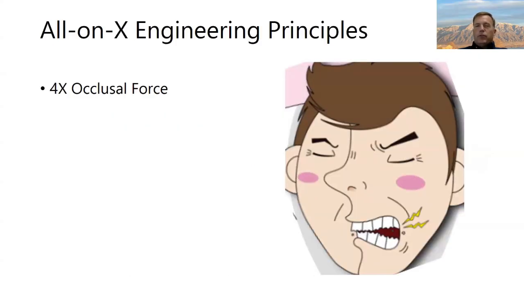So engineering principles. I'm going to borrow some from, quote some things from Dr. Stanley here. If we're going to have long-term success with our restorations, we need to understand the forces that they're going to be withstanding, and then we need to think about how are we going to help them with that. So bite force, obviously, is the major force that our prosthetics need to resist.